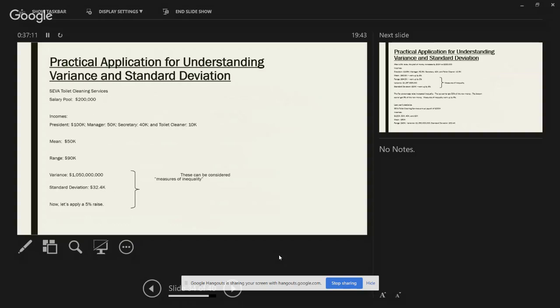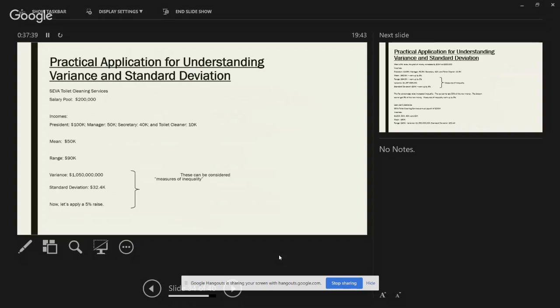If we calculate the mean of these salaries, the mean is $50,000. The range, which is the difference between the maximum salary and the minimum salary, is $90,000. If we calculate the variance here, it comes out to be 1,050,000,000, which is a very big number, and is basically sum squared divided by n minus 1.